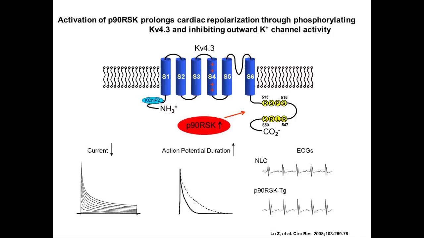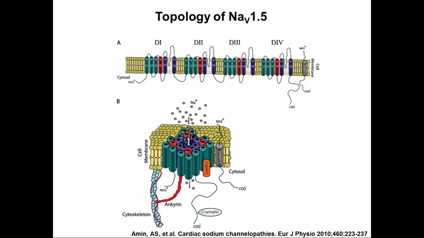After this channel is phosphorylated by p90RSK, the peak current is downregulated. The APD is prolonged, then the QT interval is prolonged. Basically, we consider p90RSK activation in diseased hearts important in the regulation of potassium current. Most likely, it's a trigger for cardiac arrhythmia as well.